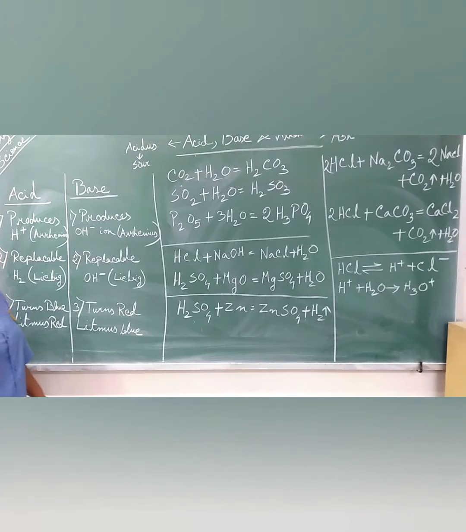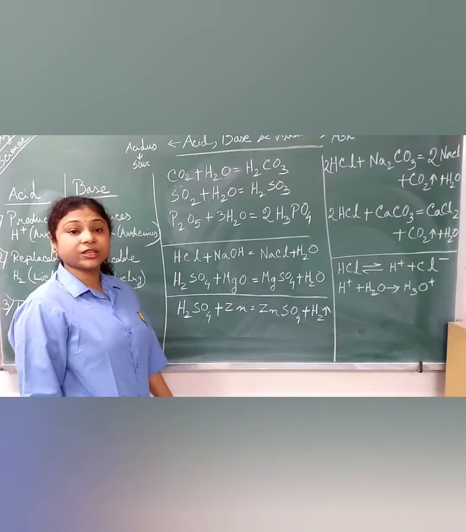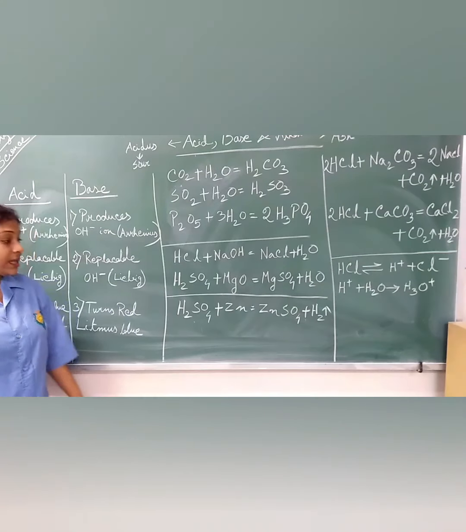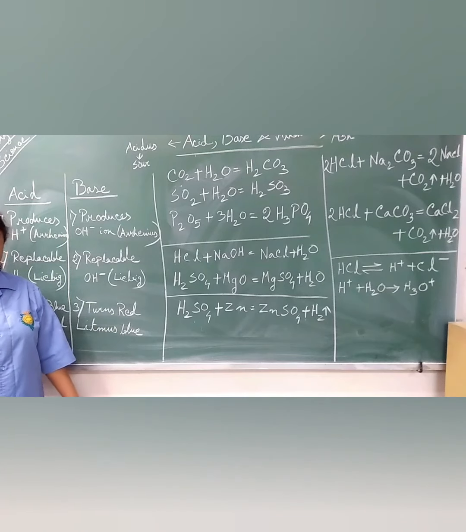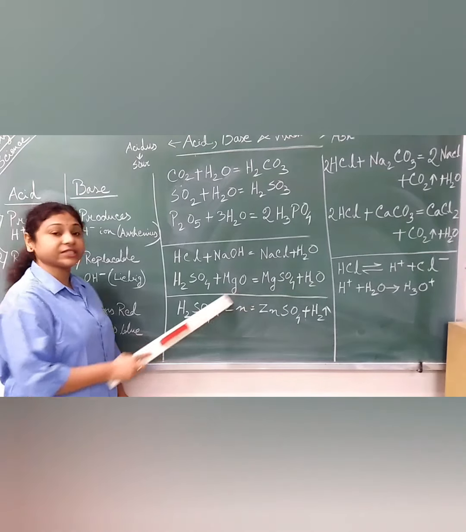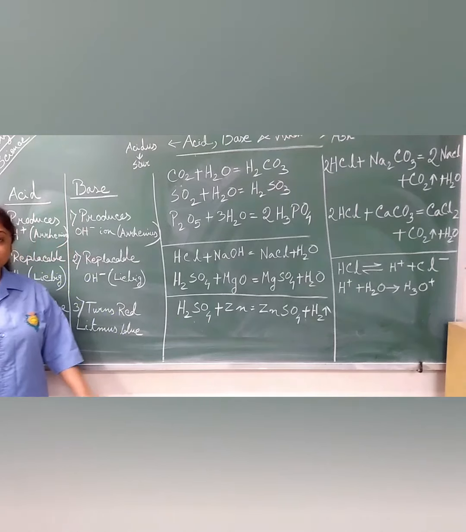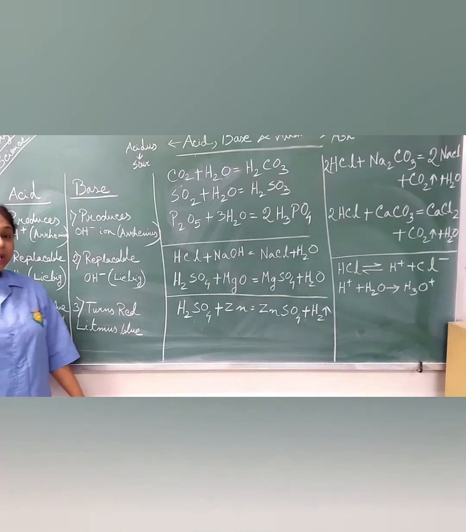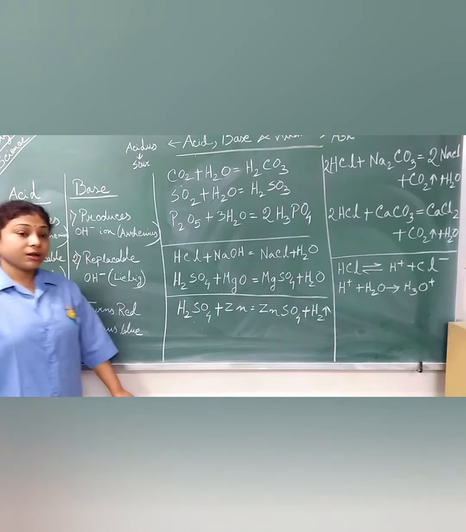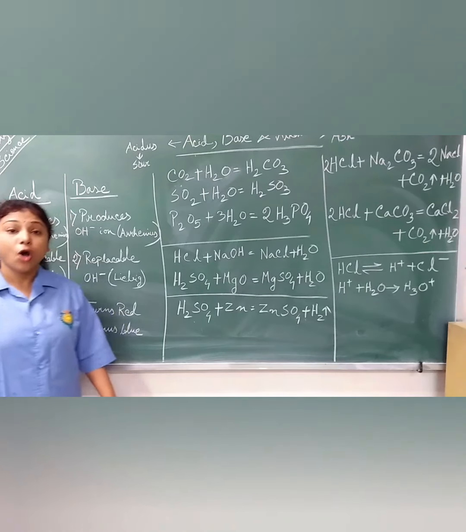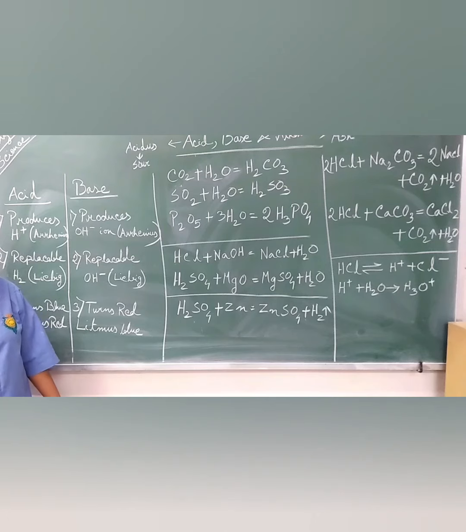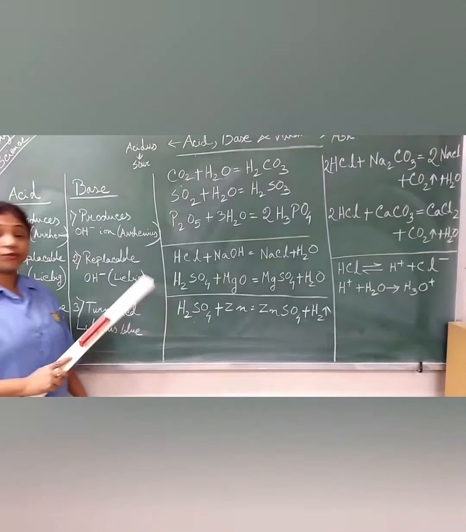One more thing, acid doesn't react with all metals. Acid reacts with metals which are more electropositive than hydrogen, like zinc, magnesium, iron, etc. But copper, no. Acid will not react with copper because copper is less electropositive than hydrogen.